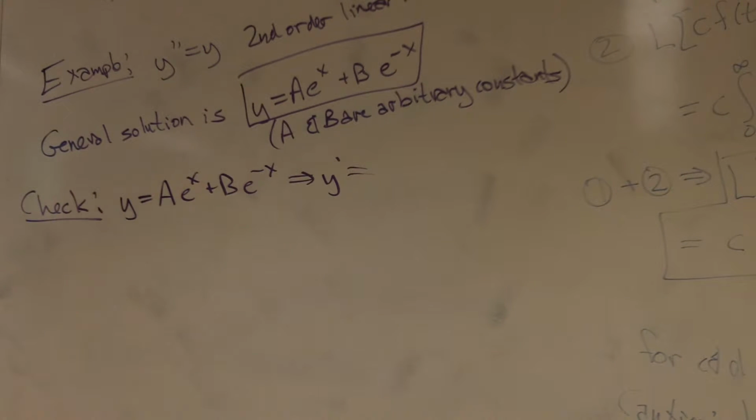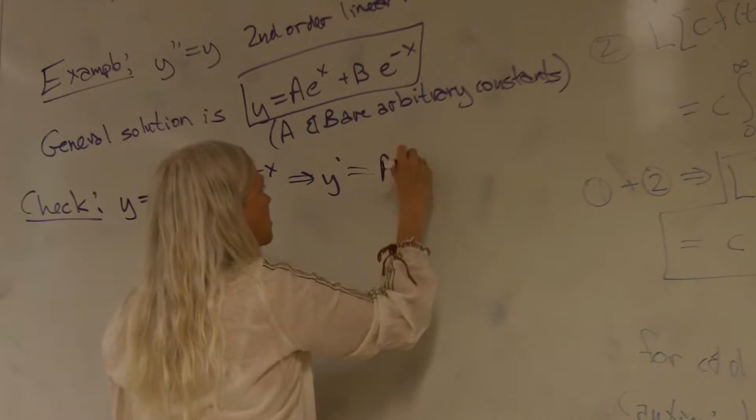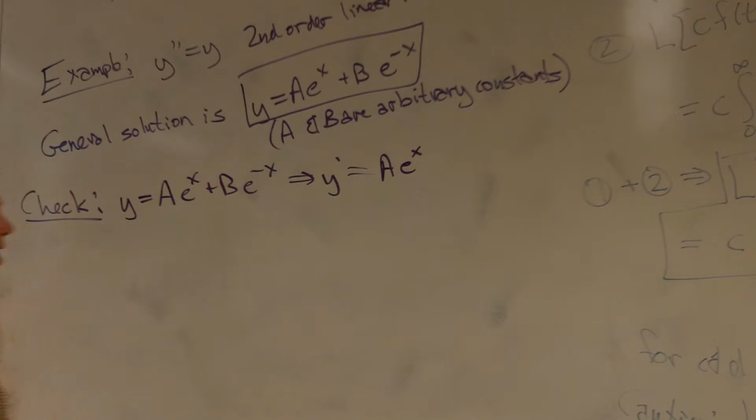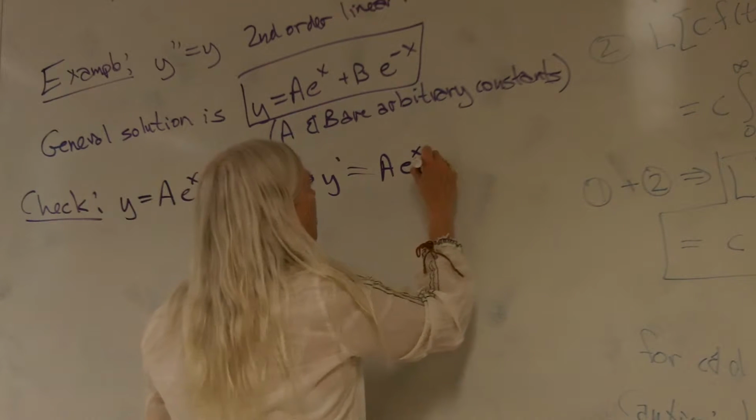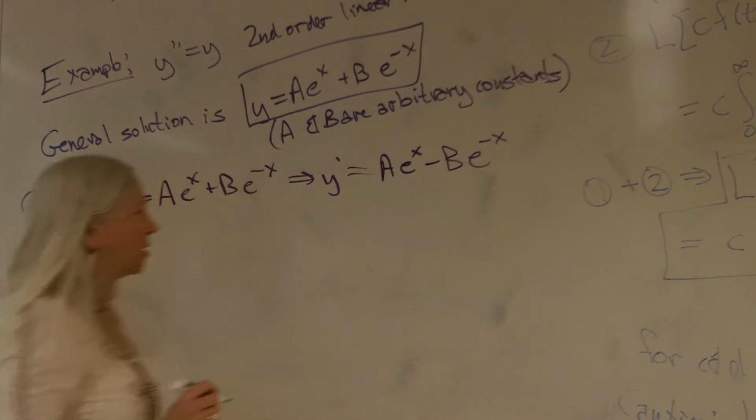let's differentiate that with respect to x to get y prime. The derivative of e to the x with respect to x is just e to the x. The derivative of e to the minus x with respect to x is e to the minus x times a minus sign, so we get minus b e to the minus x.